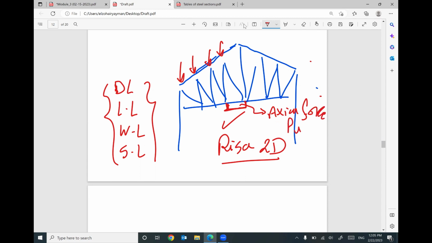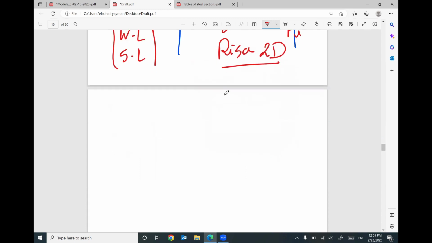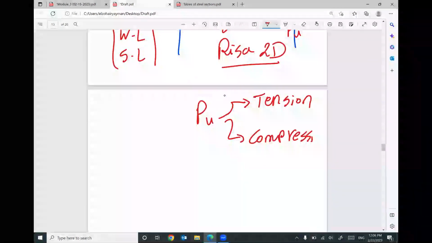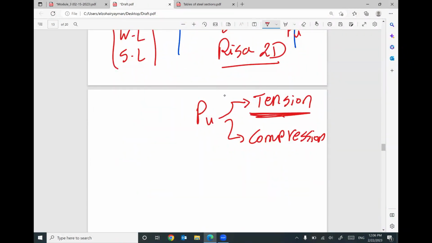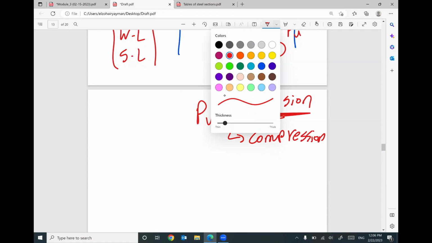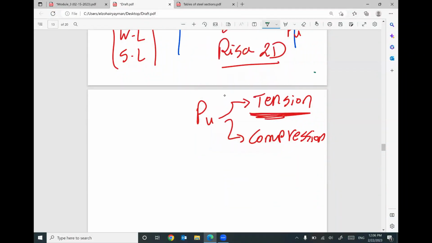This value of ultimate force, P ultimate, can be tension or can be compression. We started last meeting to talk about designing tension members of a truss. Next week on Monday, we will start to talk about members under compression.